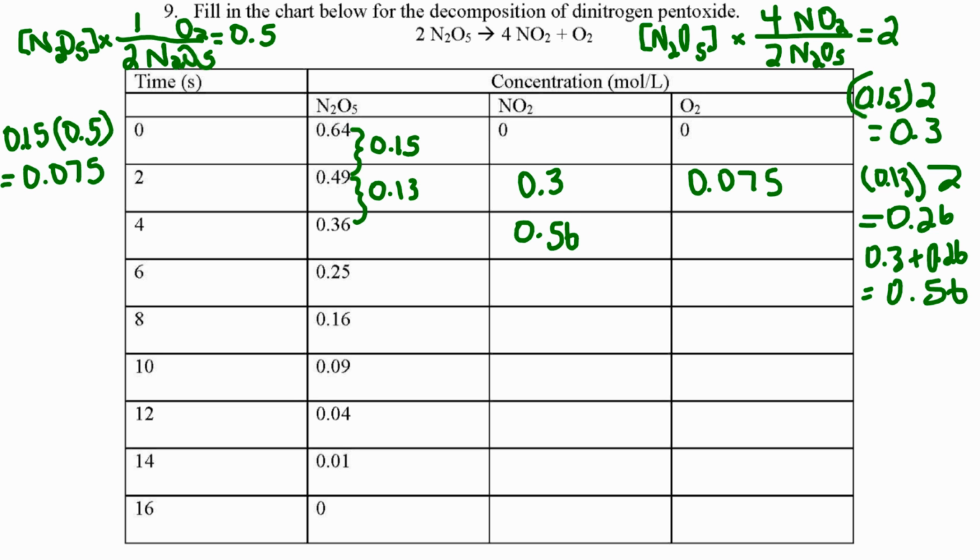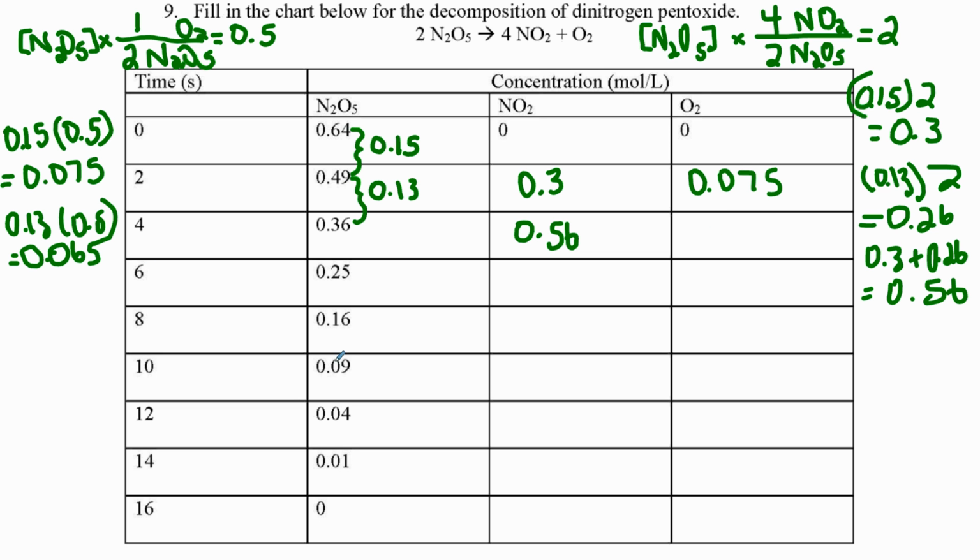Okay, so let's do the same thing for oxygen. So we're going to take our 0.13. Okay, so 0.13 multiplied by 0.5 is equal to 0.065. Okay, so again, we don't put the 0.065 in the chart.